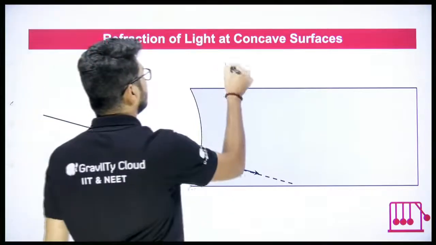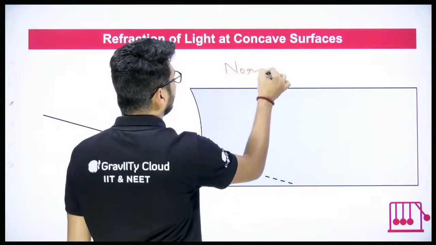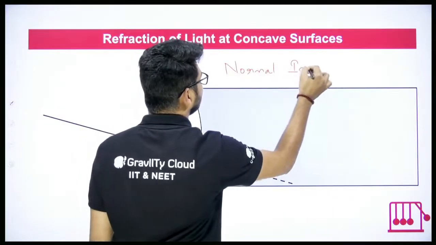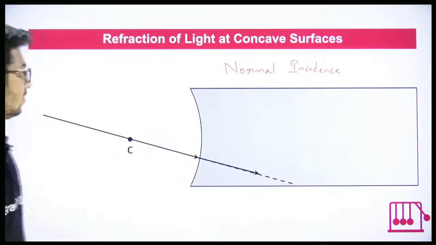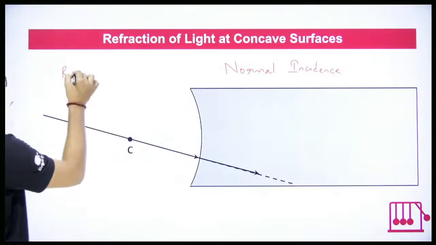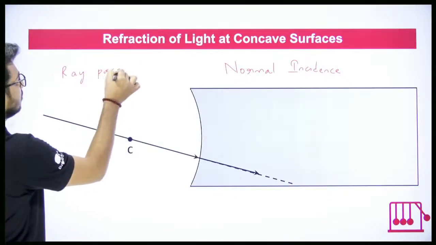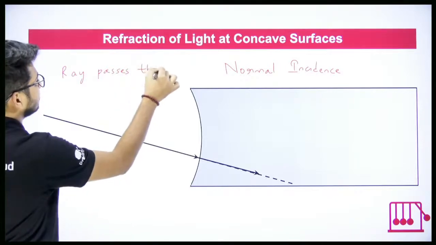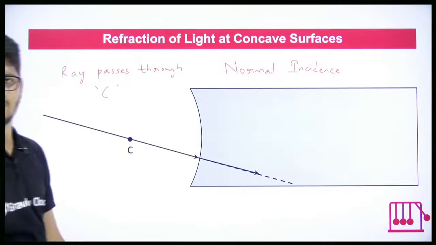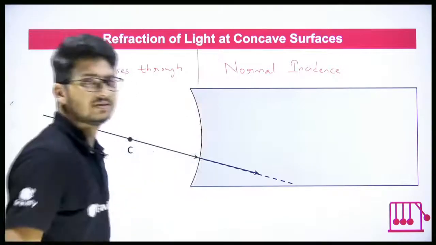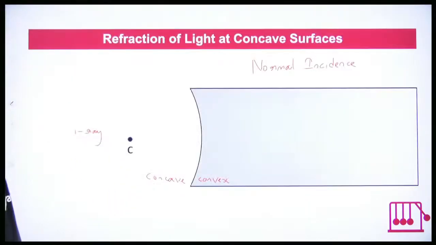So this also is the case of normal incidence. Here the ray passes through the center of curvature, so it directly passes. No deviation. But I think we had another case.